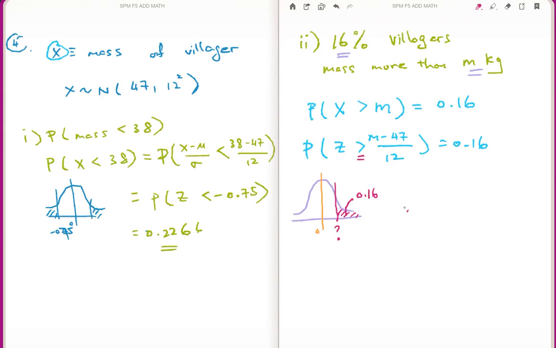So if you have your logbook with you, you find that m minus 47 over 12 is equal to 0.994. So this number is 0.994, and rearranging, your m is 58.93. This is the final answer.